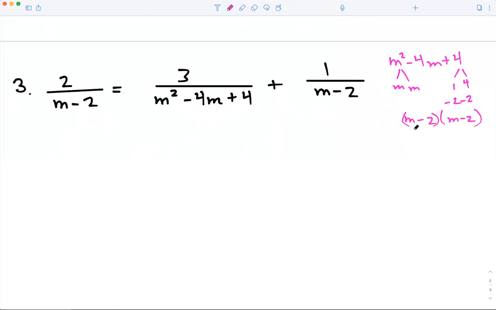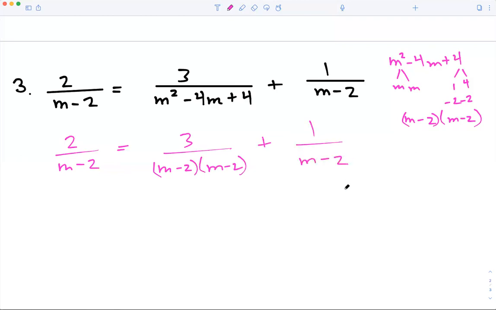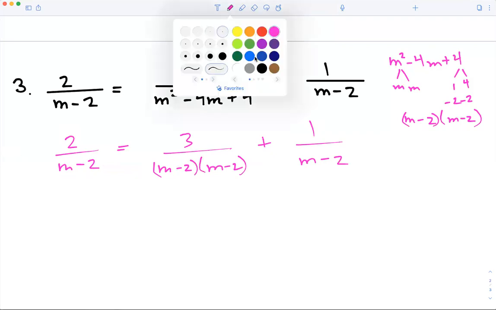We need to write it like this. Let's do it. 2 over m minus 2 equals 3 over m minus 2 times m minus 2 plus 1 over m minus 2. Can you see what we need to multiply each term by to cancel out everything in the denominator? Well, it's going to be m minus 2 for sure.